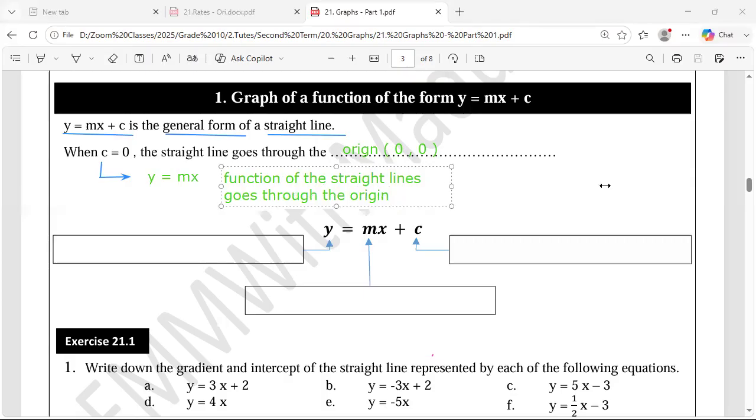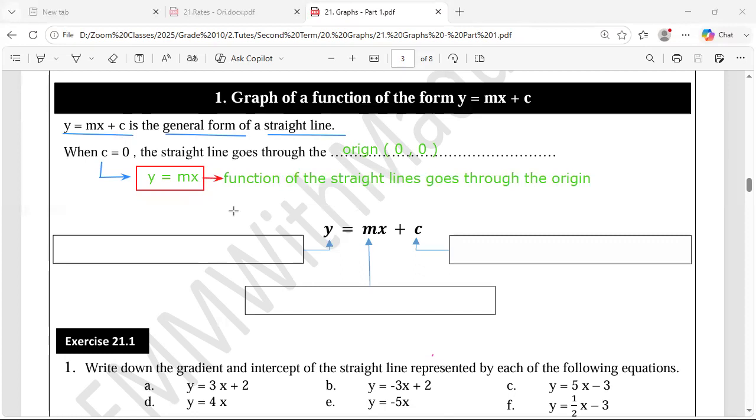These are very basic things from your grade 9.